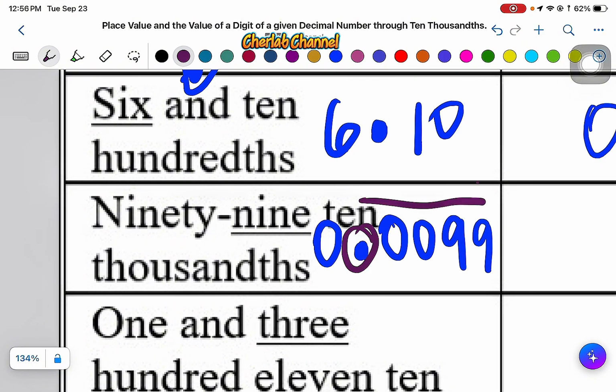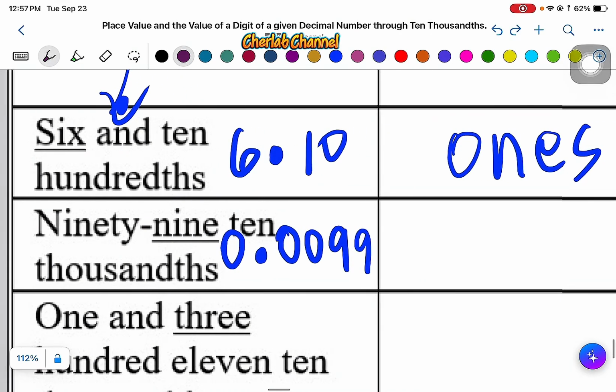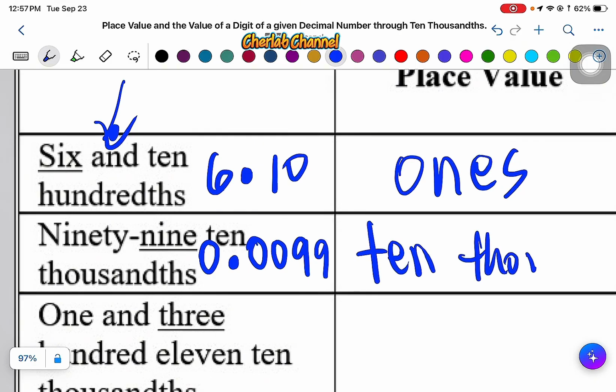From the decimal point, papuntang kanan. So, decimal point would be ones, tens, hundredths, ten-thousandths. So, correct. And since wala na siyang ibang kasamang number, the place value of the underlined digit, the second 9, would be ten-thousandths. Okay?